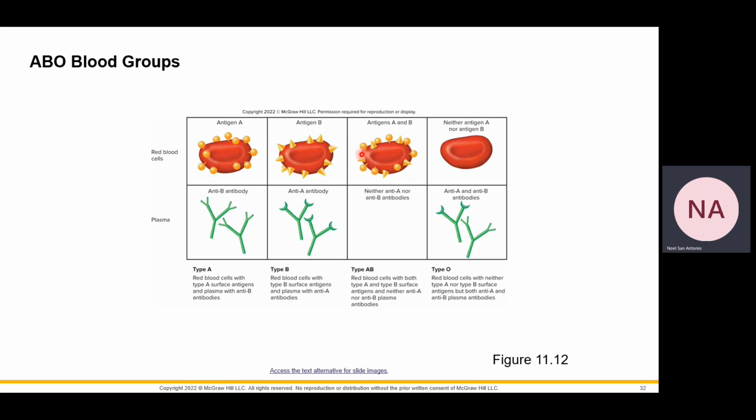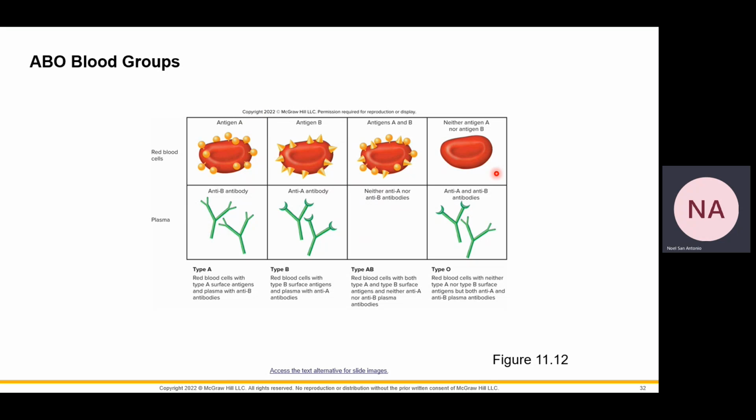There will be no reaction because your recipient does not have any antibodies in the plasma. Same as in your type O blood. Since the type O blood has no antigens on its surface, it is thought to be a universal donor. Sabi nila universal donor because it can be transfused to type AB, type B, and type A.